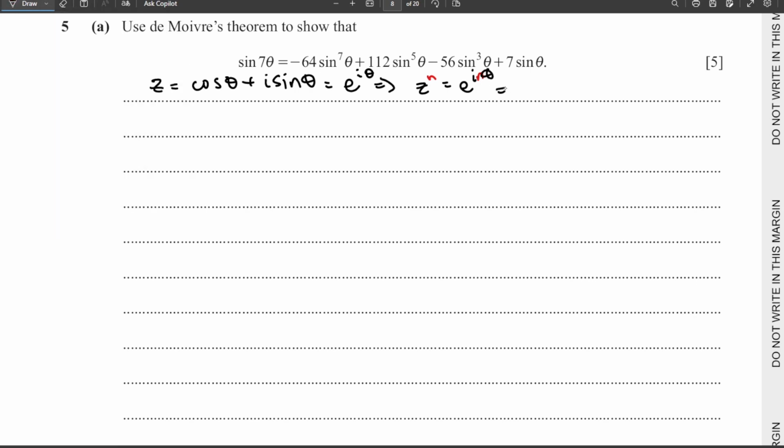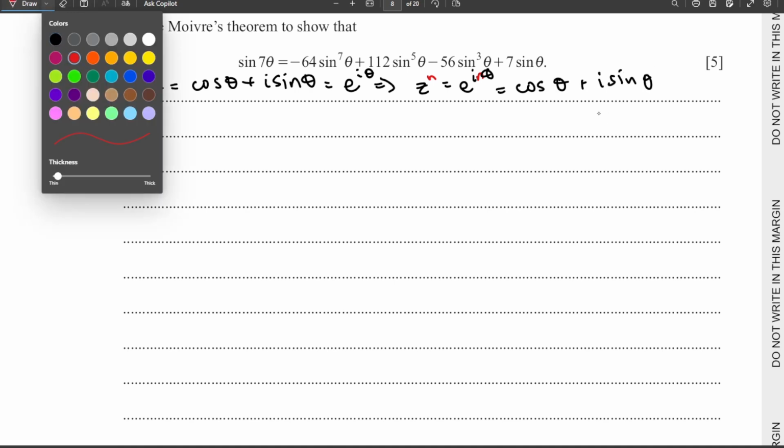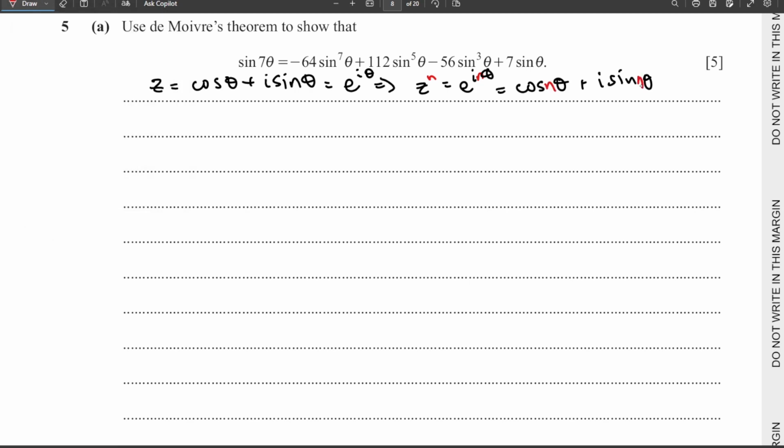So we can multiply the power straight into the angle.